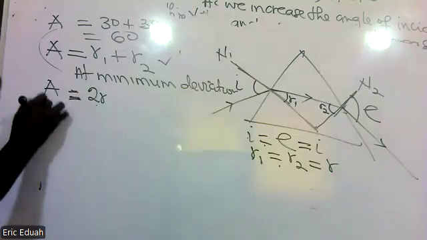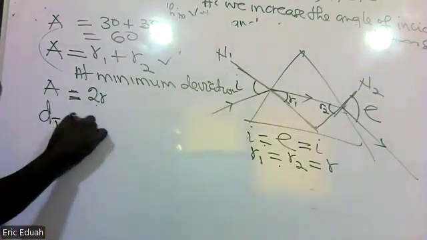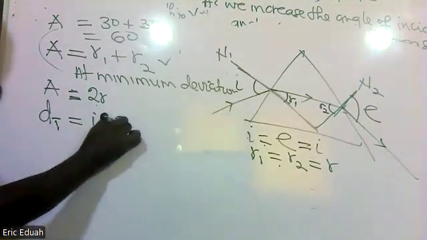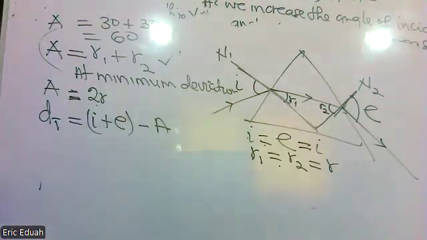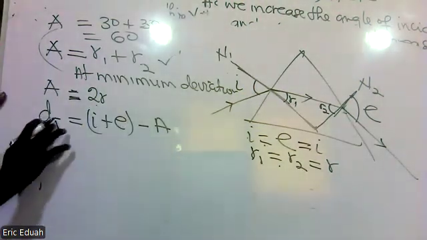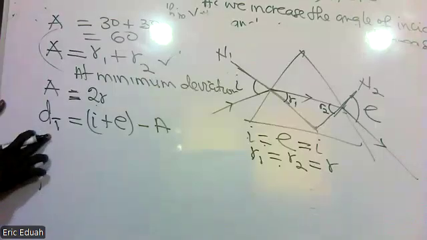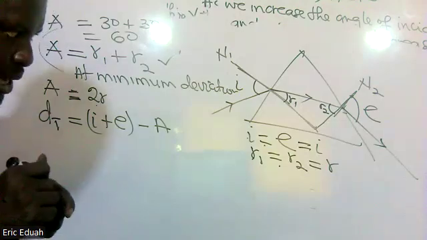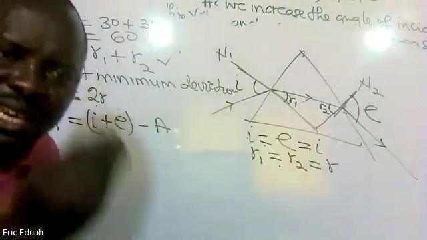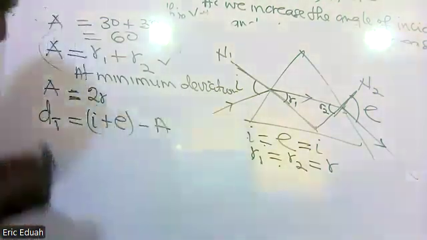Then, D total, which is I plus E minus A, would also change. This total will change because under that condition, we have gotten to the least deviation, minimum.